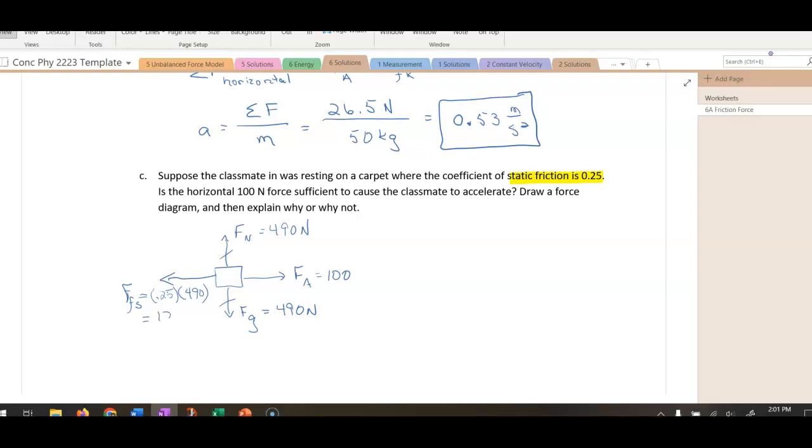It's 122.5 newtons. So since the applied force is less than the maximum static friction, the girl will not slide.